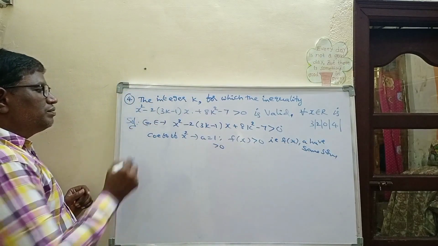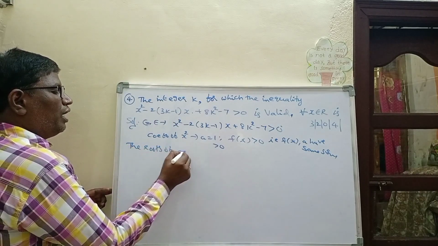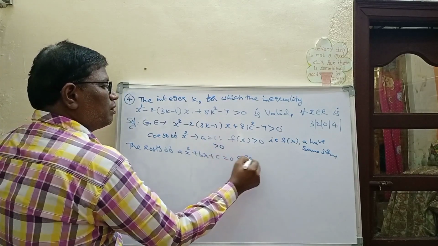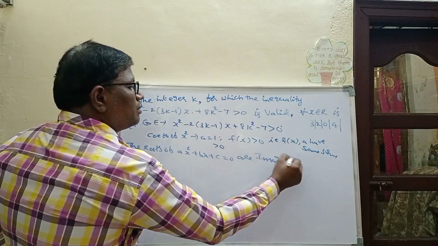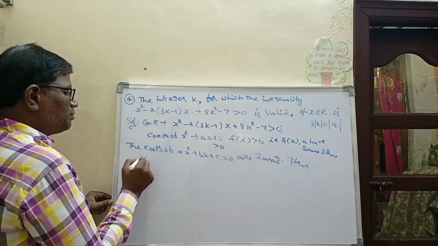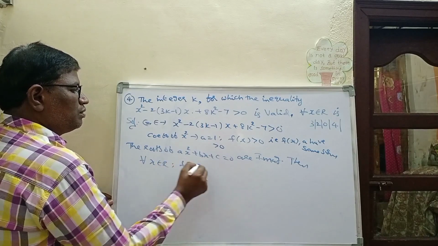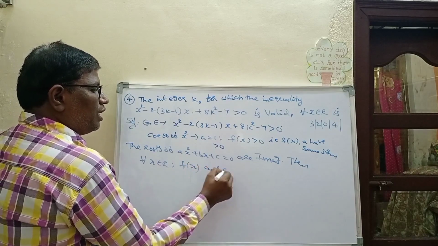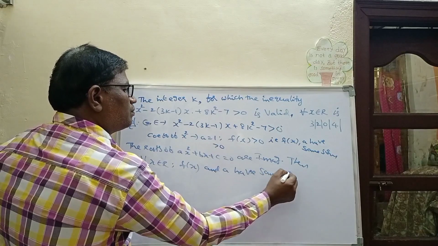But in our theorem the roots of ax square plus bx plus c equal to 0 are imaginary, then for all x belongs to R, f of x, that means ax square plus bx plus c and a have same sign.